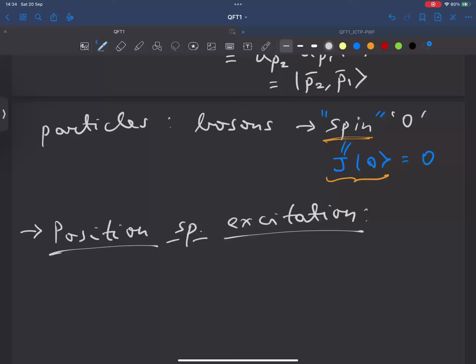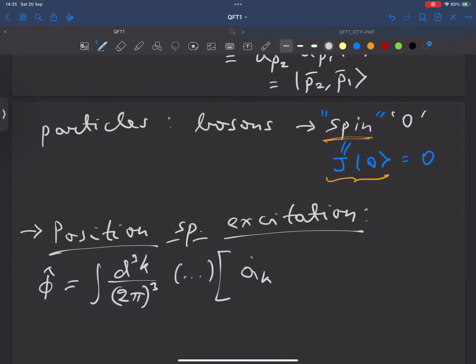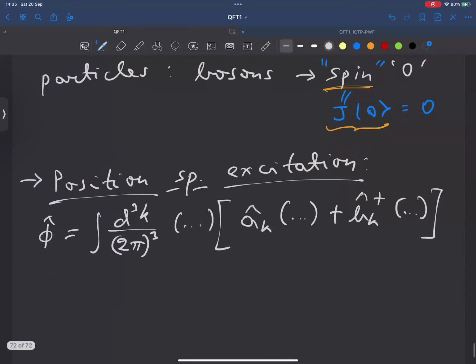Okay, now let's move forward to position space excitations. Recall that we had phi as an integral over the momentum space, and I'll skip the explicit details, but we wrote it as a_k and some exponentials and b_k dagger.